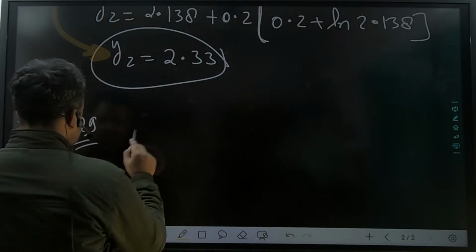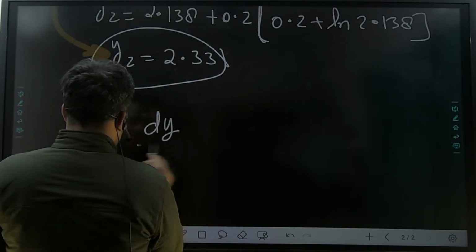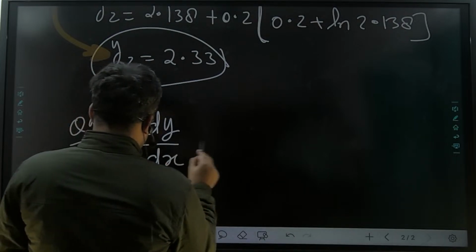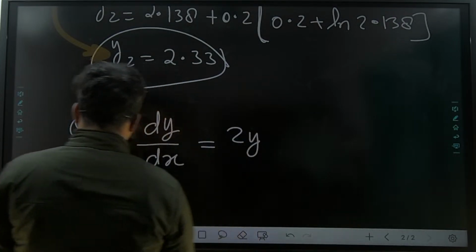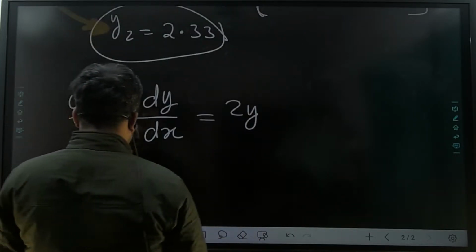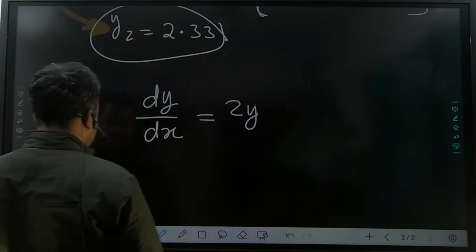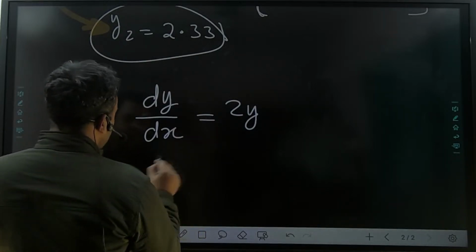An ordinary differential equation has been given: 2y dy/dx is equal to 2y, with an initial condition that is given to me.